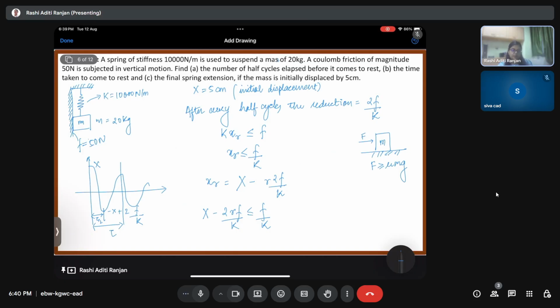Okay, I hope it is clear. So we have to find out the number of half cycles, which is easy.